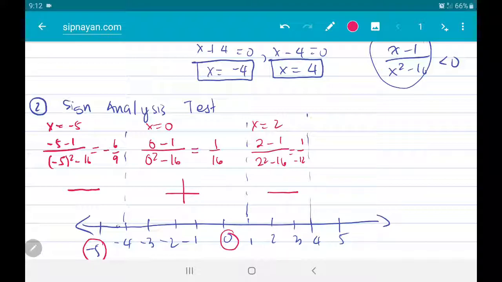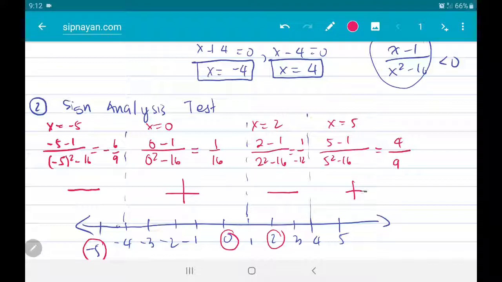And to the right of 4, we have x equals 5. So, magiging 5 minus 1 over 5 squared minus 16, which is equal to 4 over 9. 25 minus 16 is 9.